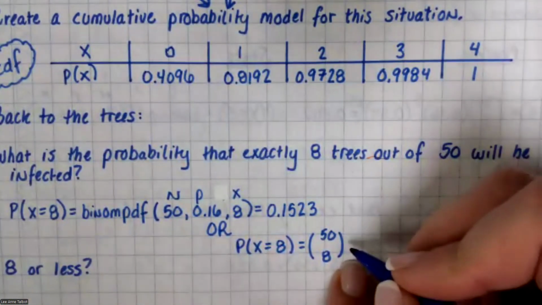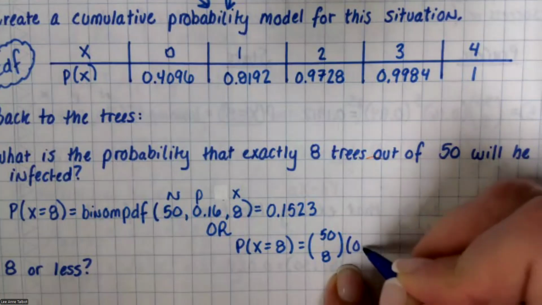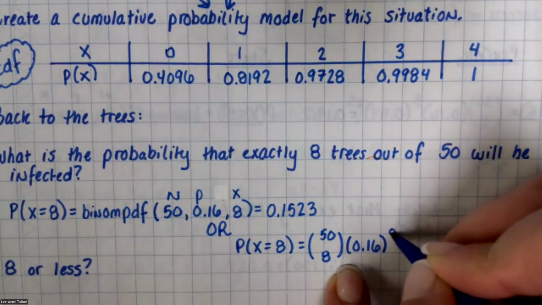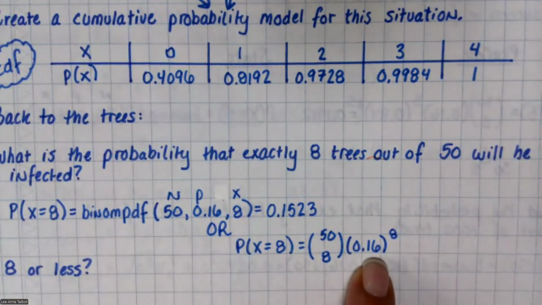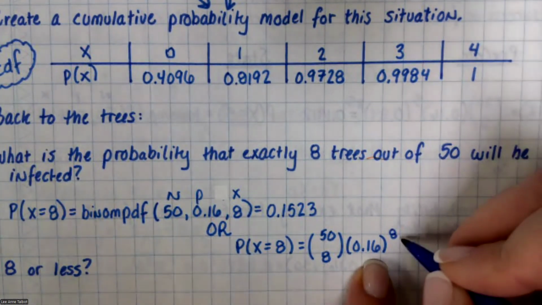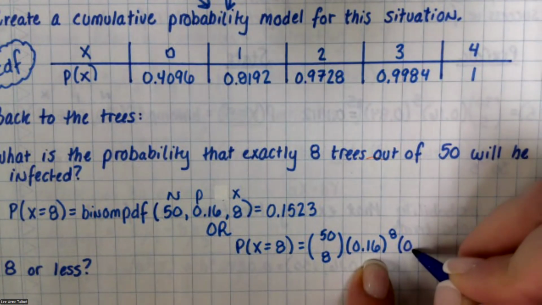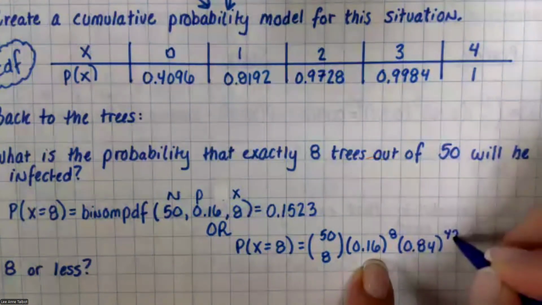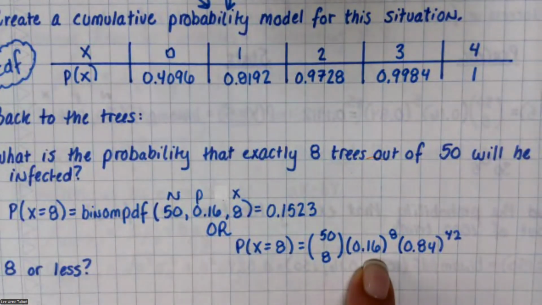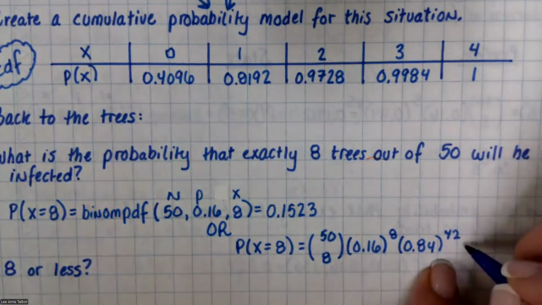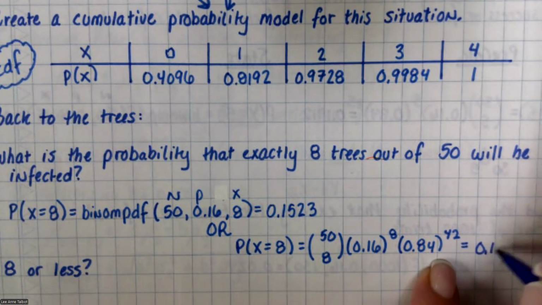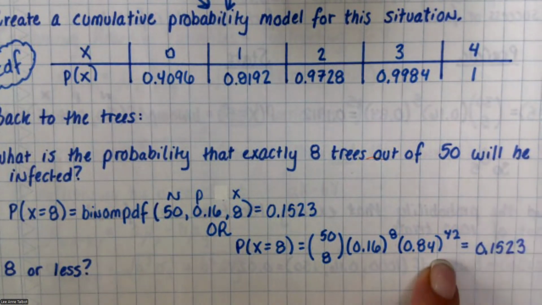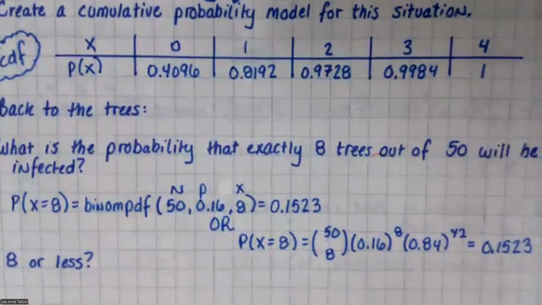Now that means we're going to have 8 successes, with probability 0.168, which means disease, but it's bad, but whatever, we're just glossing over that. And then how many failures? 42 failures. We don't even need to do the math. We already know it's going to be 0.1523 because of our previous work.